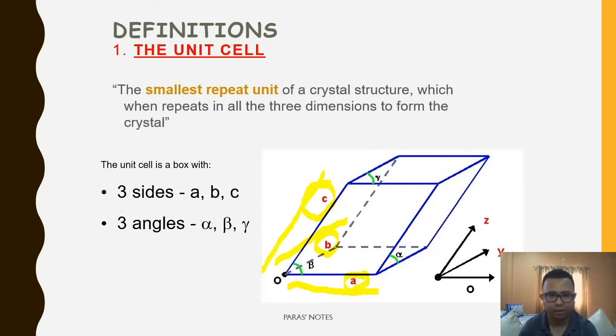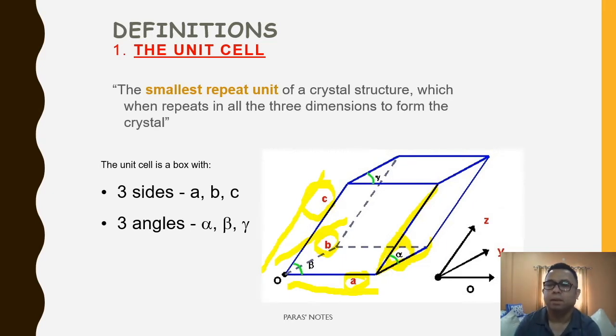If I am talking about the angle made between the height, this is the height of this unit cell, and the breadth of the unit cell, again I am repeating, the angle between the height and the breadth is represented by the angle alpha. You can see here angle alpha. So the angle created between these two edges is alpha.